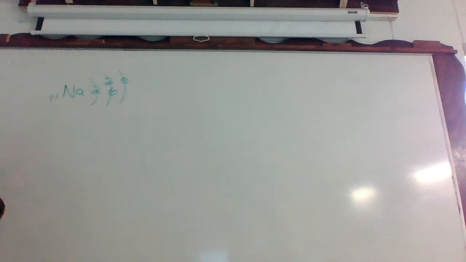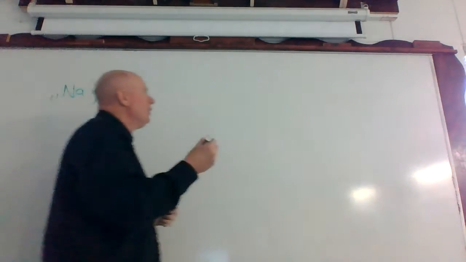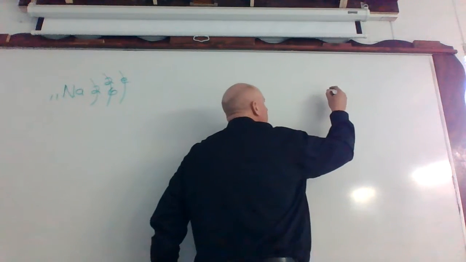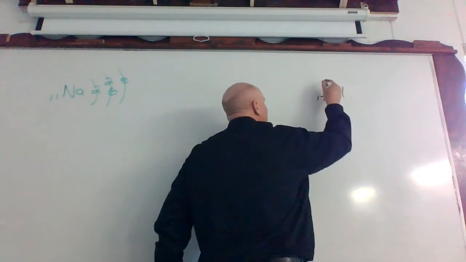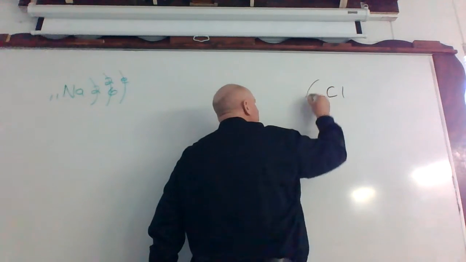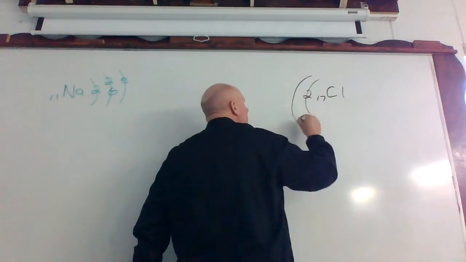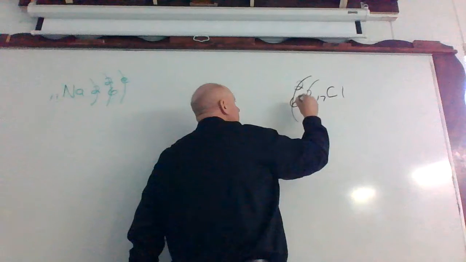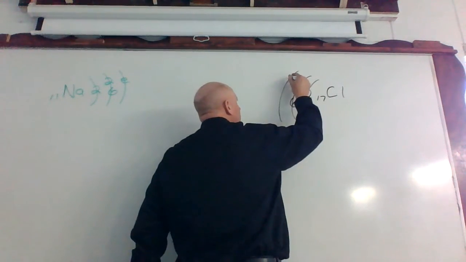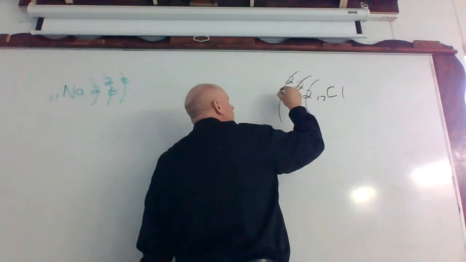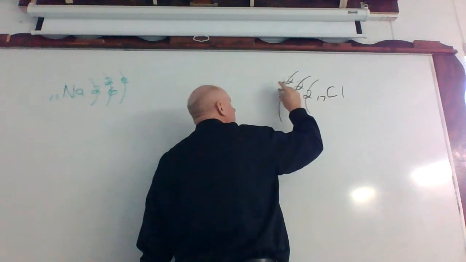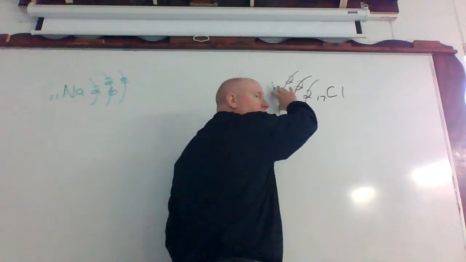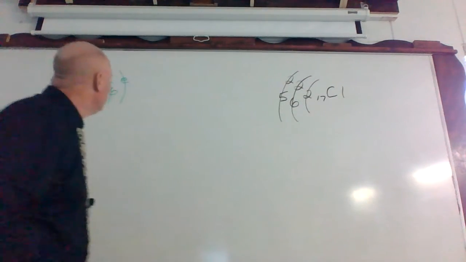So if we look at element 17 then, we know is what? Okay, so doing the same thing, 1s2, 2s2, 2p6, 3s2, but 3p what? 3p5, okay?